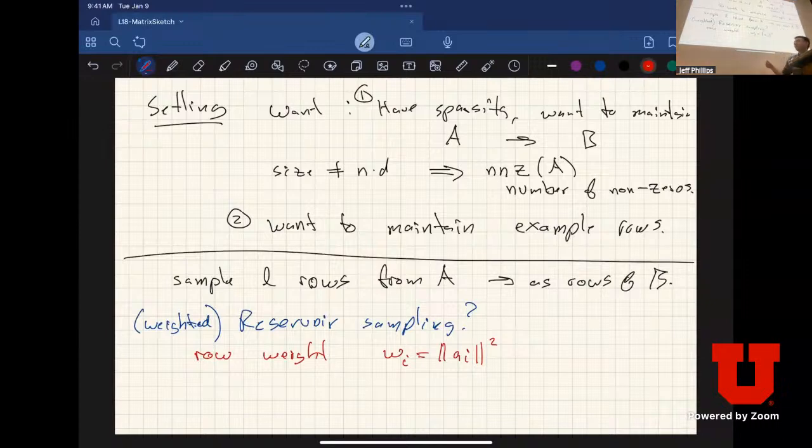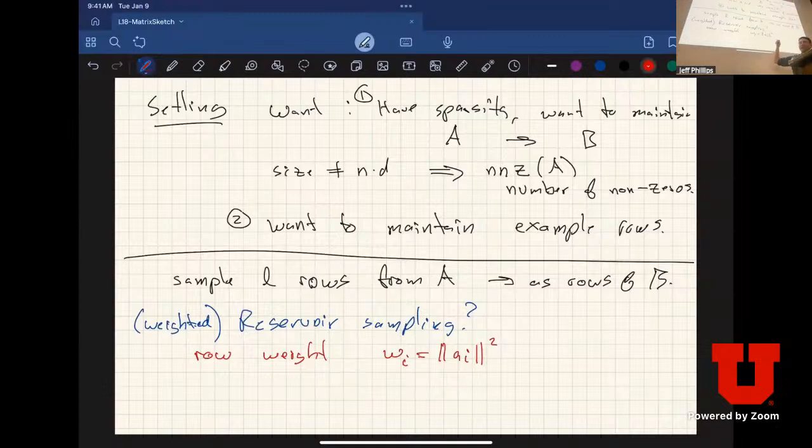So I want to sample proportional to this weight. The larger the squared norm of the row, the sum of the squared entries, the more likely I am to keep it. Okay, so I keep a running total of all the summed weights. I see a new row that has this squared weight, and I sample with this weight divided by the sum of all the weights so far, including this one.